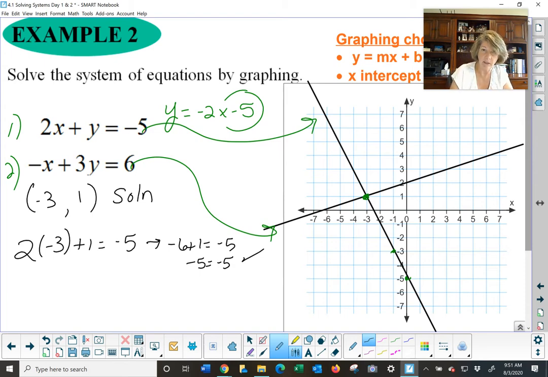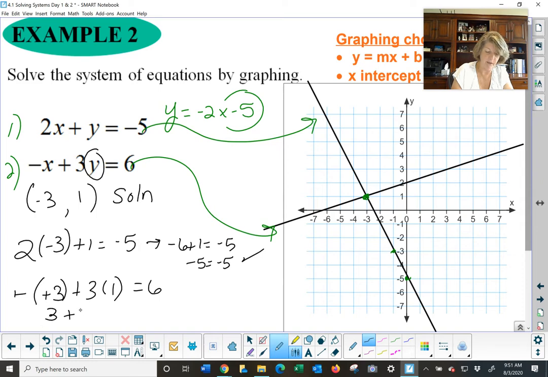That doesn't necessarily prove that it's a solution to equation 2. So let's check it in equation 2. It's got the opposite of x, so the opposite of -3 plus 3 times 1 equals 6. Lost my spot there. That's going to give us a plus 3, isn't it?